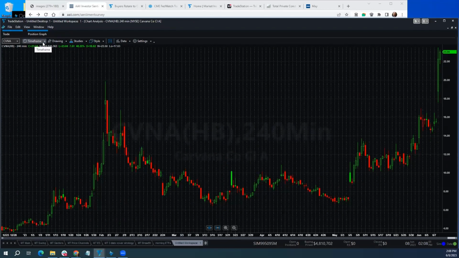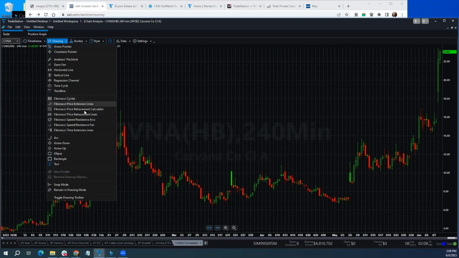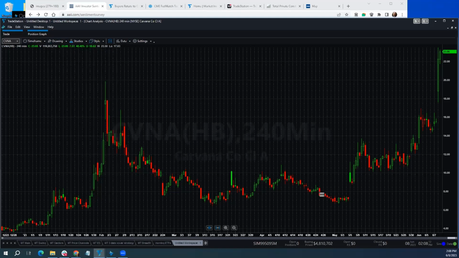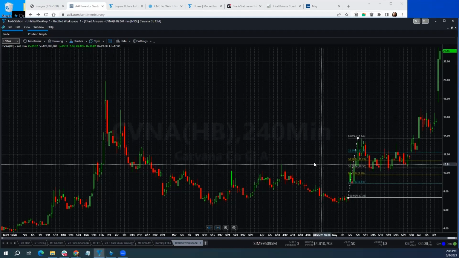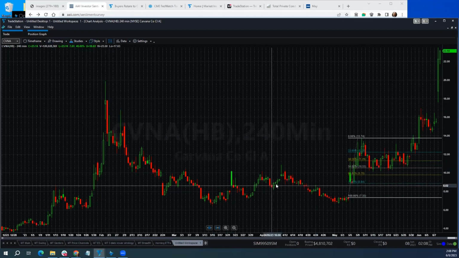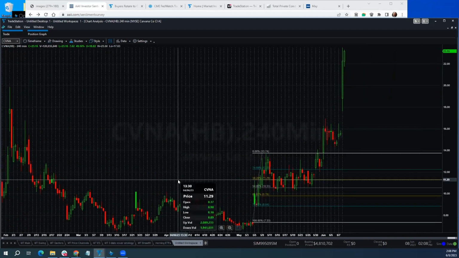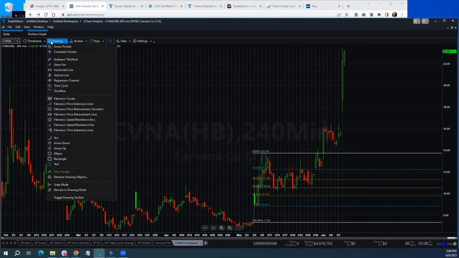Let's go here to drawing Fibonacci price retracement lines. From here to here, 50% holds. Okay. This is what the 50% retracement tool we were showing, and it played out pretty well.